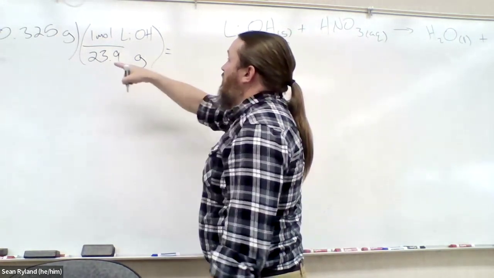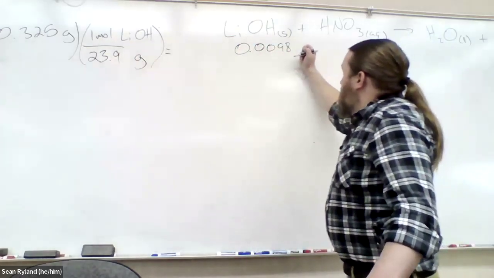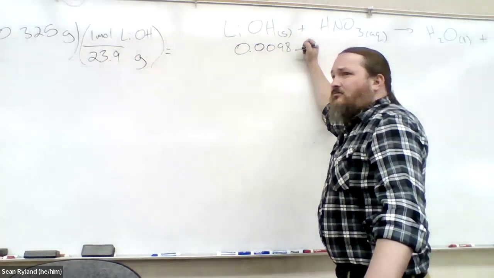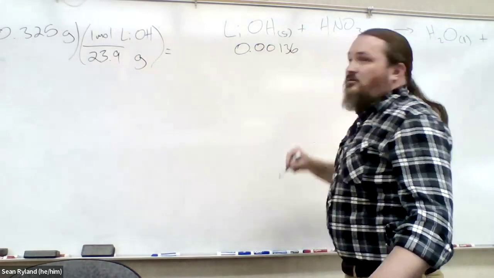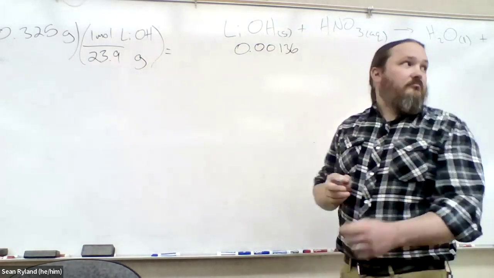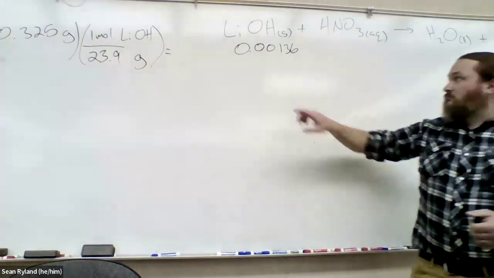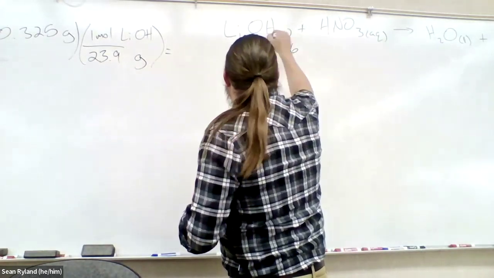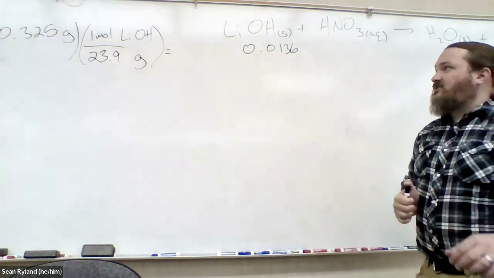We want even more than that because we have 3 sig figs here, right? 0.0136 sounds more reasonable. We all got the same answers. 0.0136 or 0.0135, either way works.